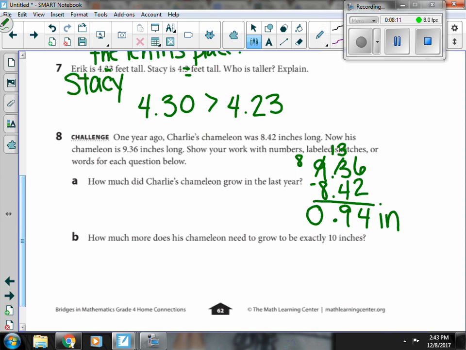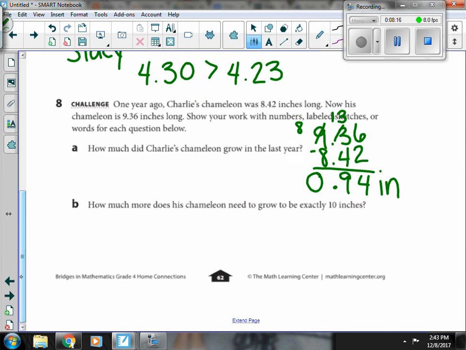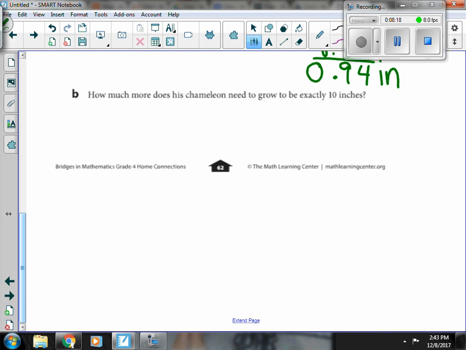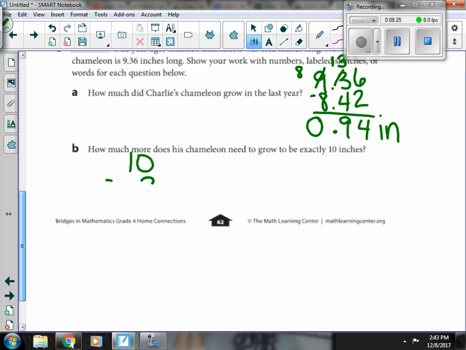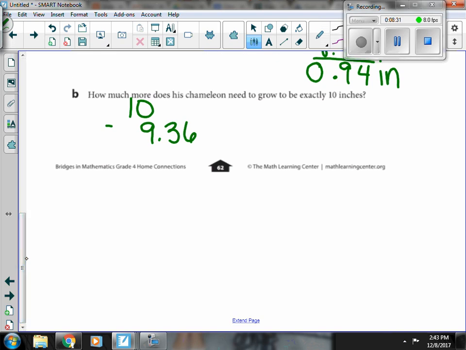And how much more does his chameleon need to grow to be exactly 10 inches? Well, there I need to take 10 inches, and I need to subtract the 9 36/100. And notice how I lined those up. I lined up my ones place, because that's what they both had in common.